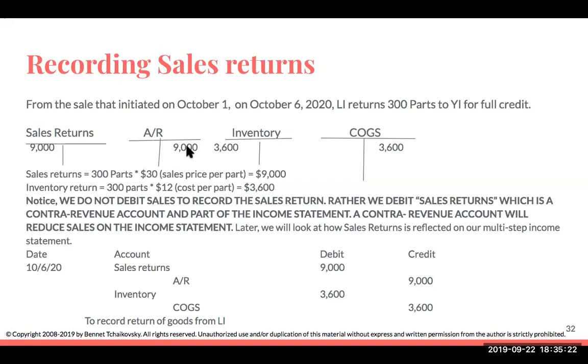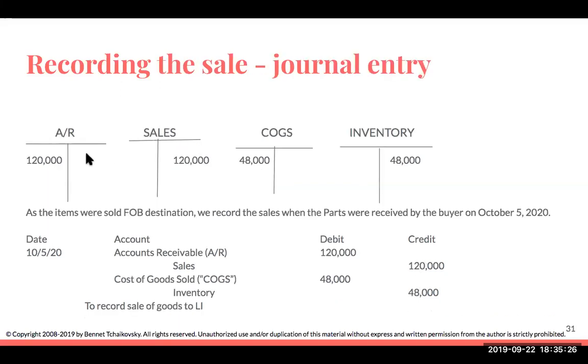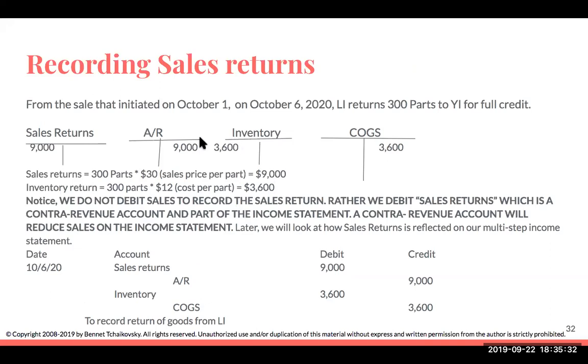Now, normally we would be thinking, okay, if I'm fully reversing this transaction, right? So here I had AR to sales, cost of goods sold to inventory, and it kind of looks like so far we're reversing everything. We're debiting inventory, we're crediting cost of goods sold, we're crediting AR, but we cannot debit sales. Rather, what we have to use is sales returns, which is what we call a contra revenue account.